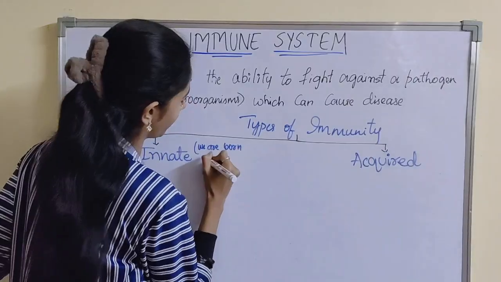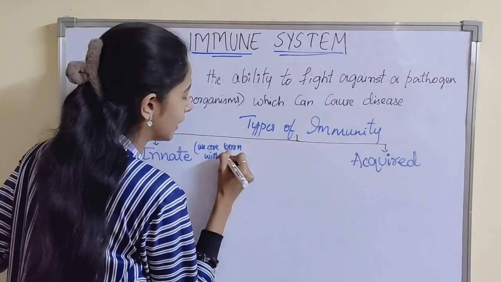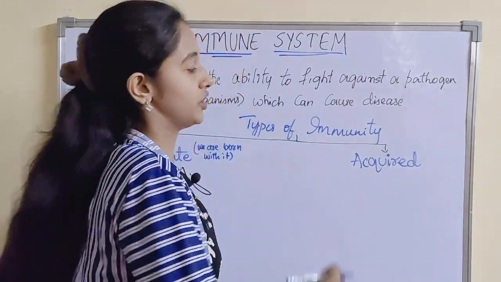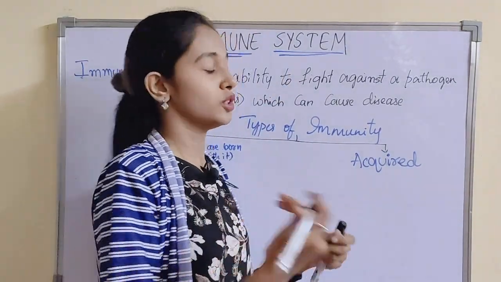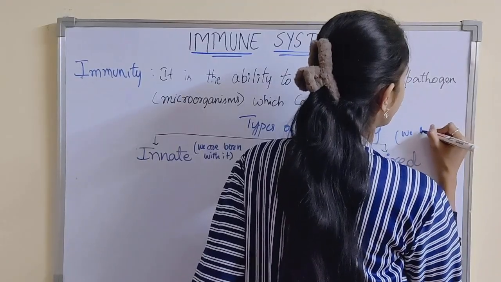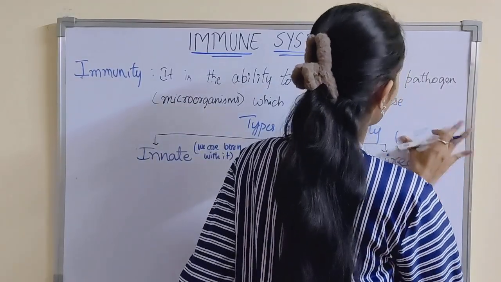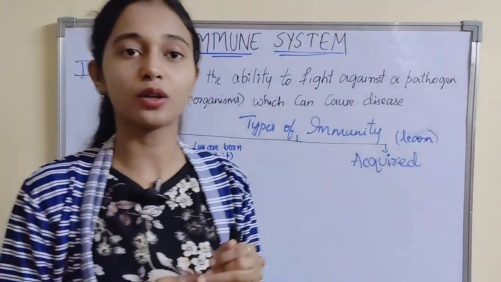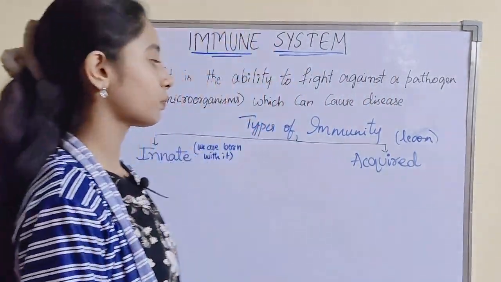Whereas this acquired immunity is a kind of immunity जो कि हम सीखेंगे, that is we will learn this immunity. Okay, कैसे करेंगे? Because previous exposure.